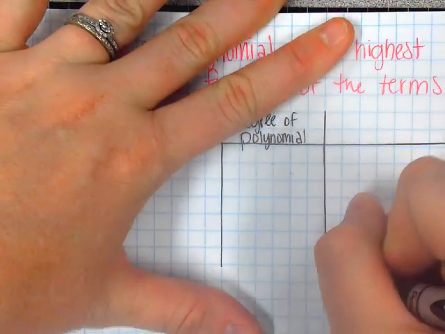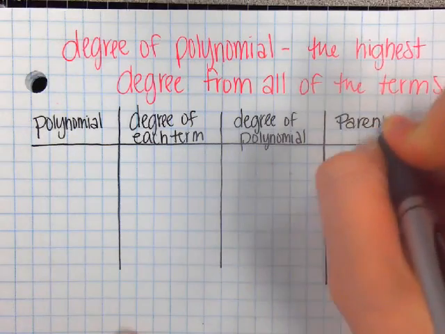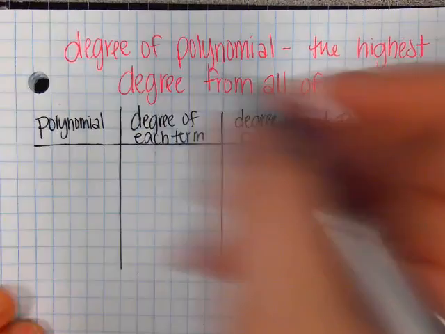So degree of the polynomial means the whole thing. Degree of the term means of each term. And then we're going to put the parent function.